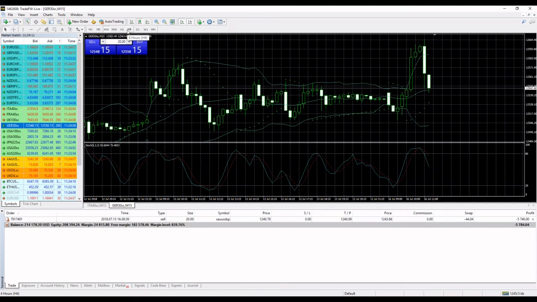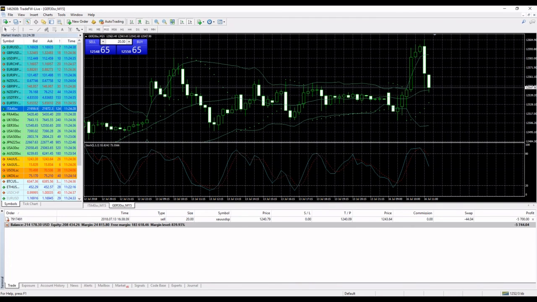DAX still didn't cross the middle Bollinger Band. That's why I don't enter a second short position. If we see that it's crossing the middle Bollinger Band, I can go for the next level of the lower Bollinger Band. But since it's not crossing, I will not enter.